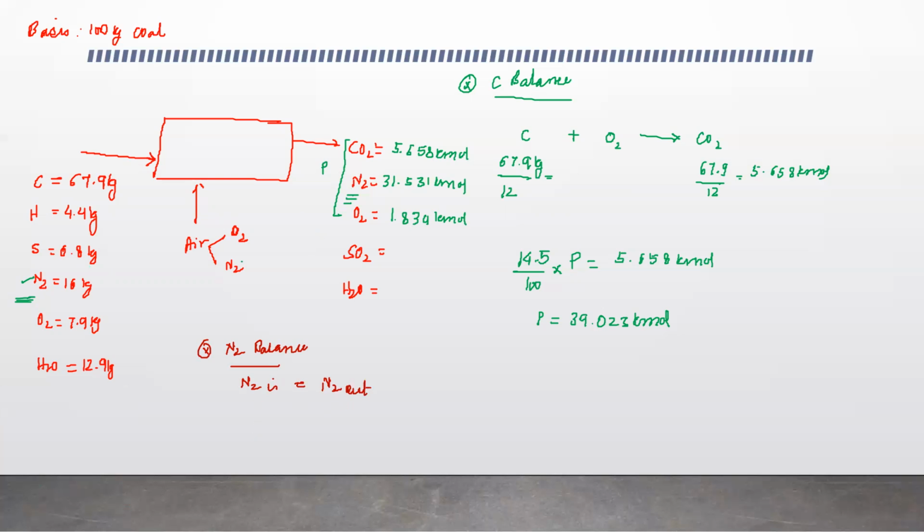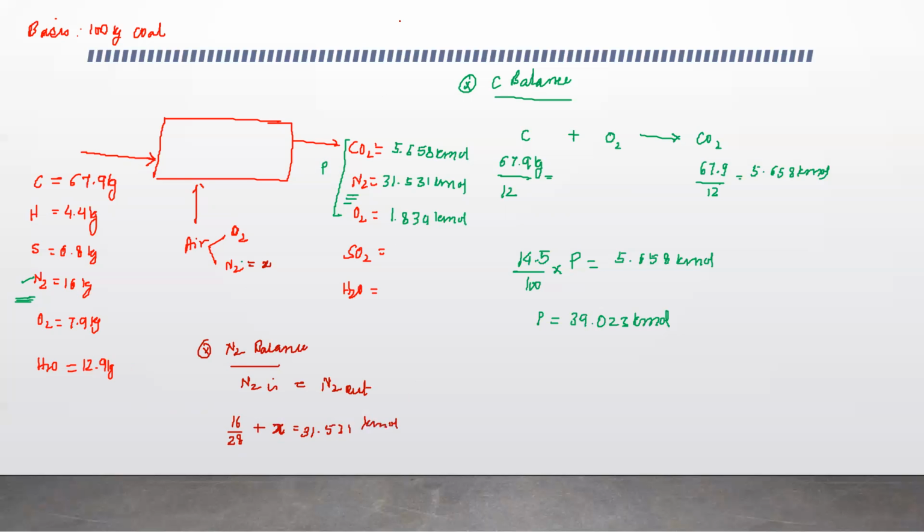So nitrogen in, let's consider this as X. All right, so we'll get nitrogen in is 16 by 28, that is nitrogen from here, plus X is equal to nitrogen out, that is 31.531.